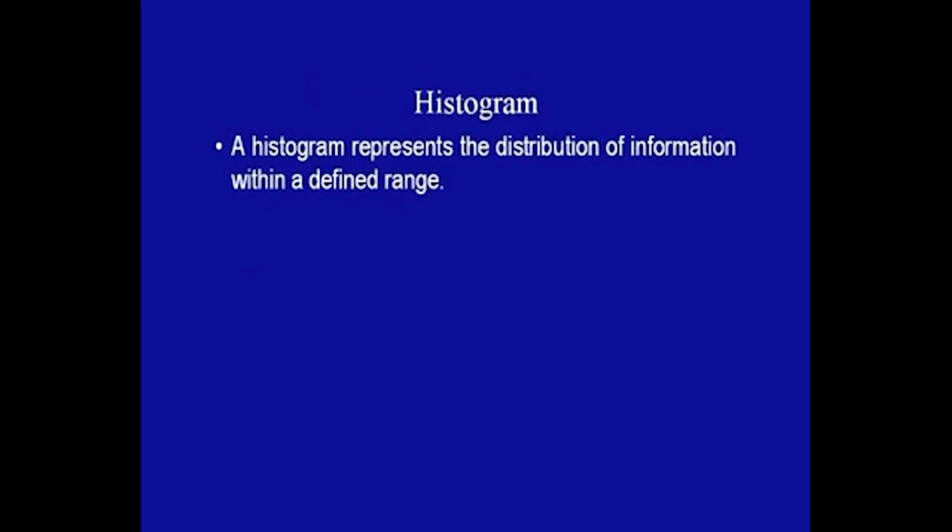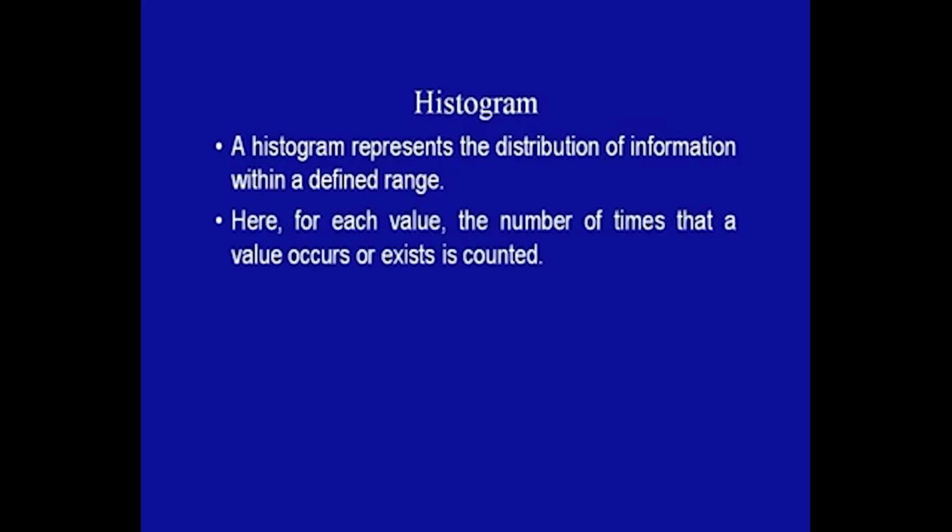First of all, let us look at what actually is a histogram. A histogram represents the distribution of information within a defined range. Here, for each value, the number of times that a value occurs or exists is counted. This number of occurrences is known as frequency.